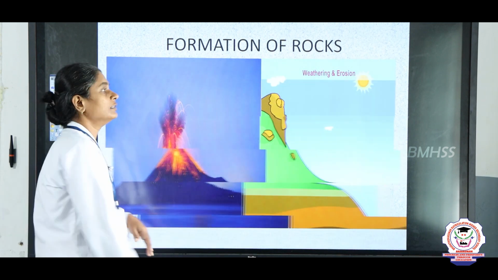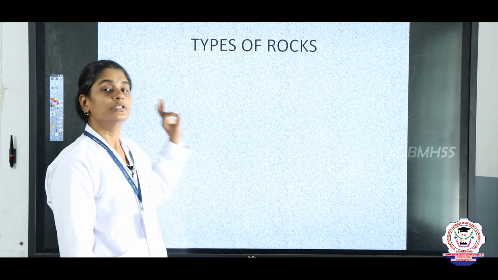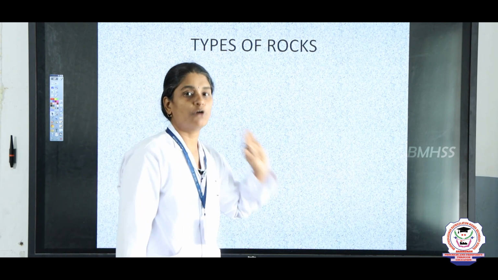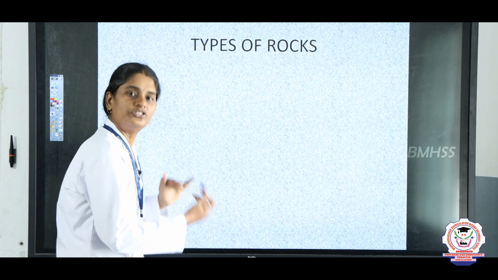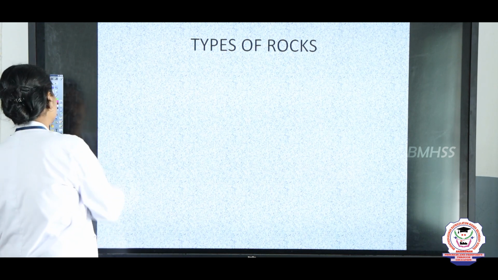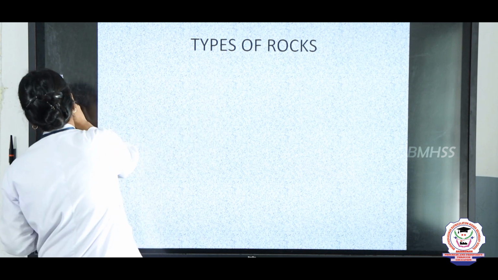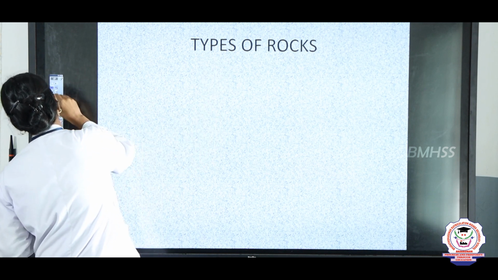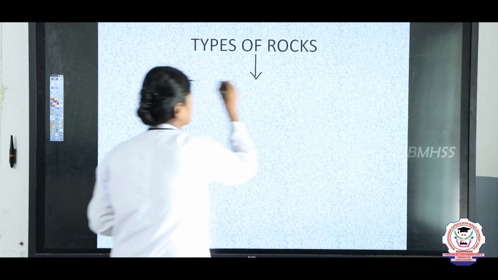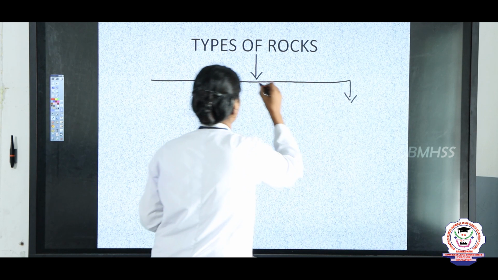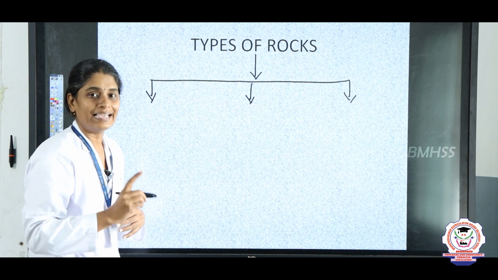Now let's see, there are 3 types of rocks. Rocks have been classified into 3 types on the basis of their formation. How it is formed, according to that it has been classified into 3 types. Now let's see what the types of rocks are. The first type of rock is known as igneous rock.